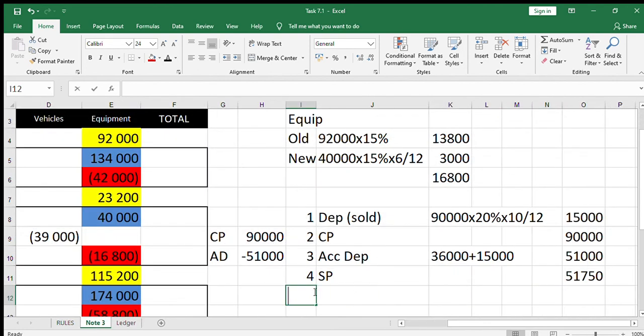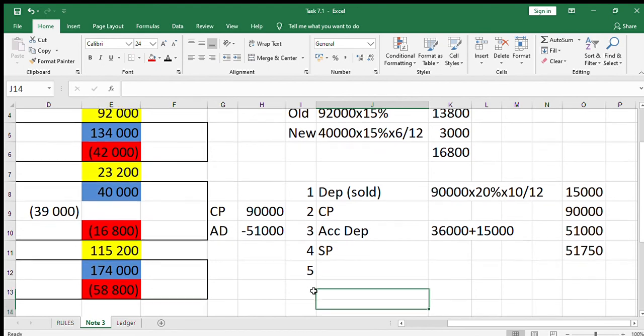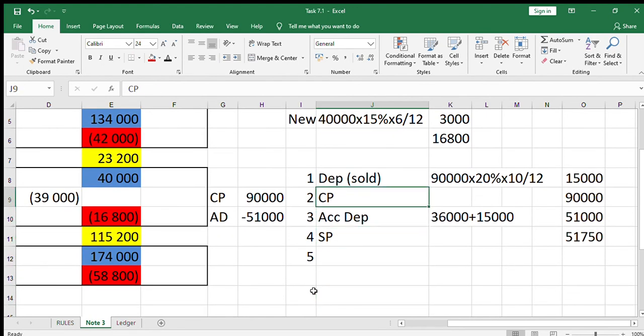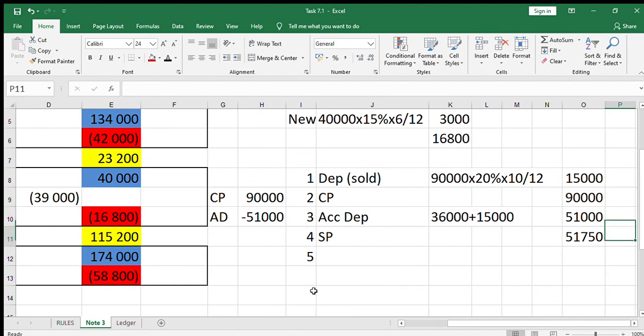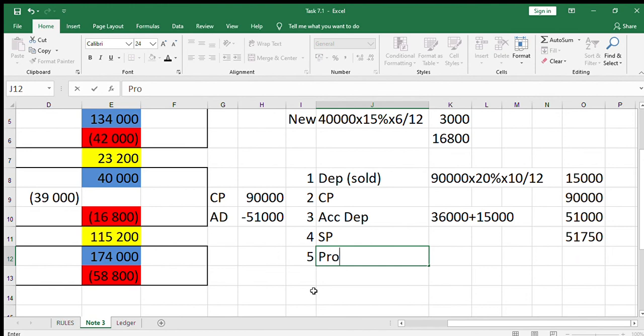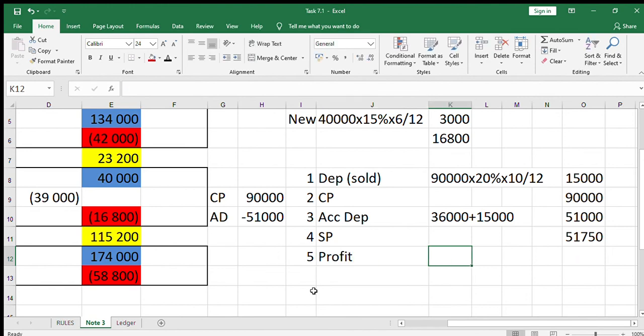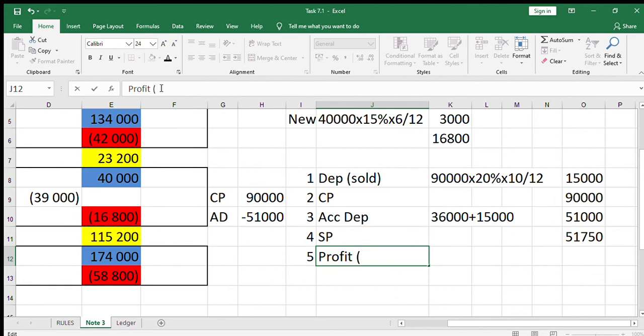The next step is to calculate the profit or the loss. Now, if I look at my note 3, I've calculated the carrying value to be 39,000. But we sold it for 51,750. So we've obviously made a profit. The reason we made a profit is because the selling price is greater than the carrying value.